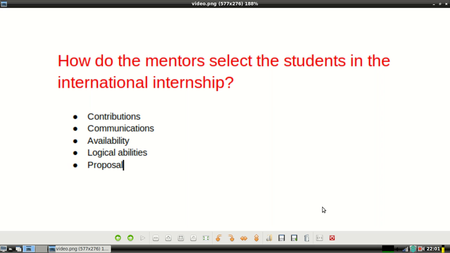And try to interact with the community in a good way, with good communication skills and writing skills. Don't interact with just a mentor, interact with the whole community, and make at least one pre-contribution, which can increase your selection chances. And no problem if you don't get selected this year. We have these international internships every year, and some of them twice a year. So better luck next time.